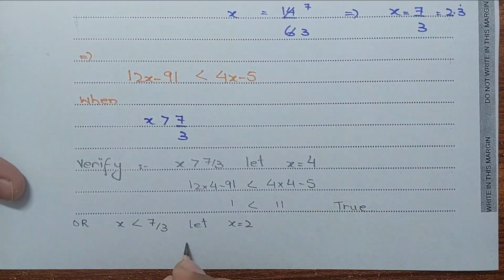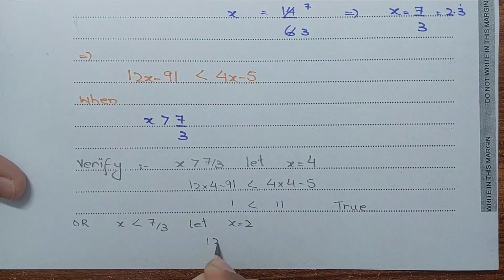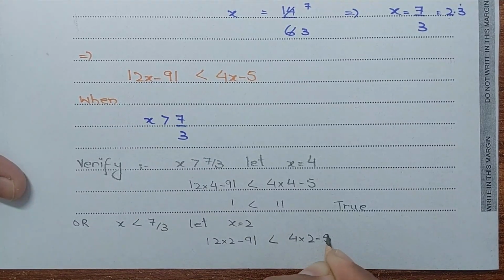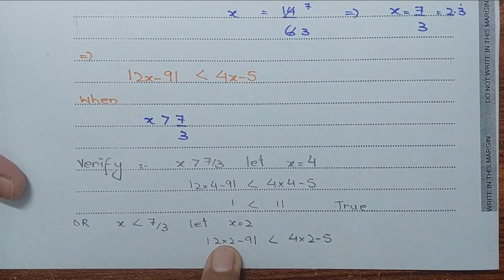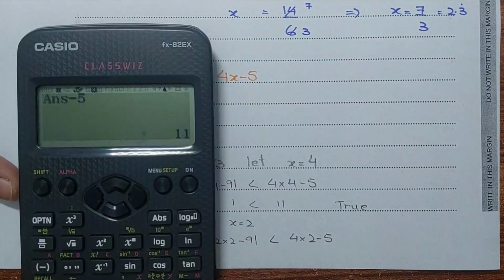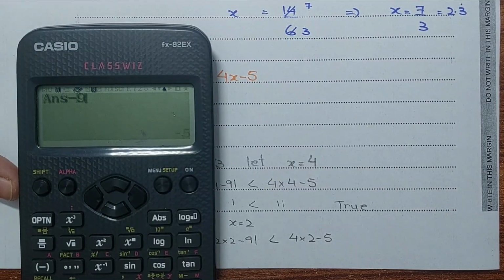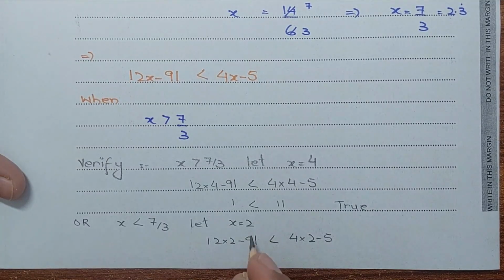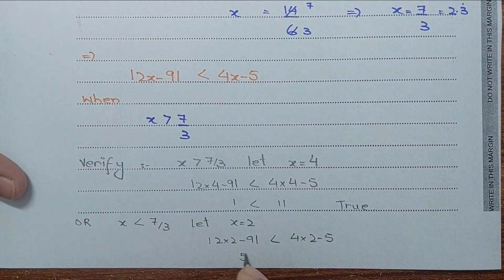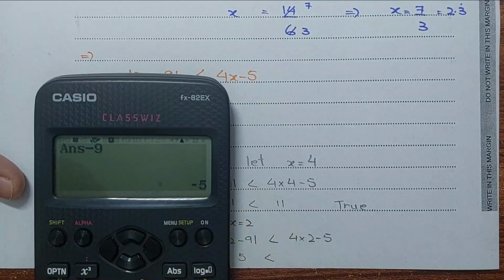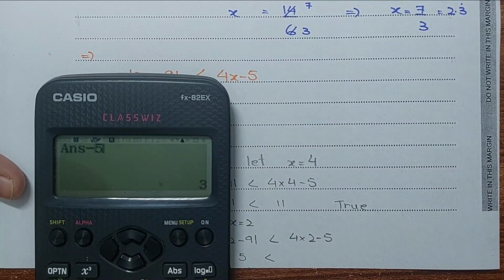So when x value is 2, the absolute of 2 times 2 minus 9 is less than 4 times 2 minus 5, right? 2 times 2 is 4, and 4 take away 9 is minus 5. Its absolute is 5, is less than 4 times 2, 8. 8 take away 5 is 3.